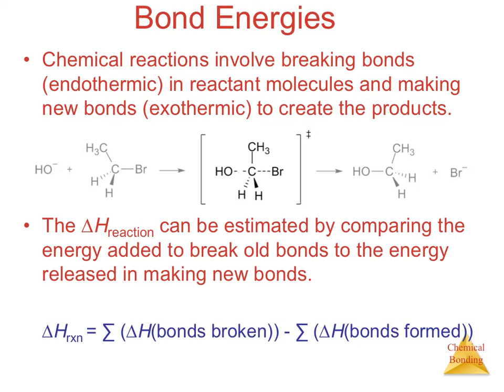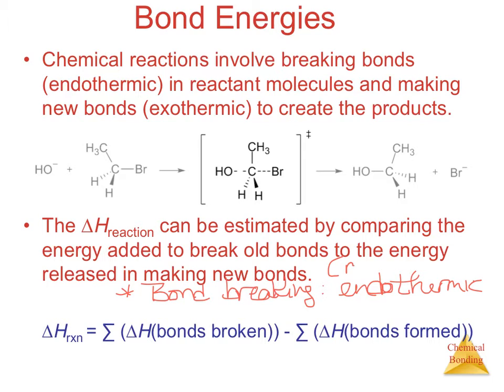This slide goes over another extremely important point, and that is that bond breaking, so anytime you break a bond, is endothermic. What does that mean? It means that to break a bond requires energy, just like breaking anything, right?